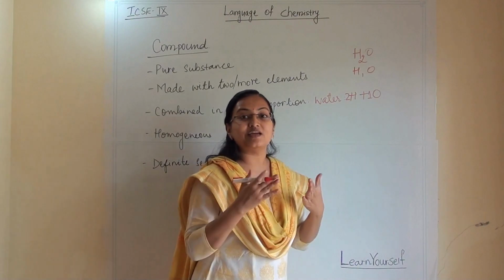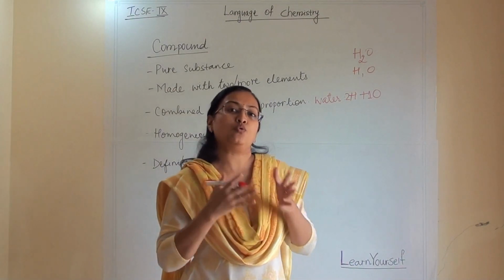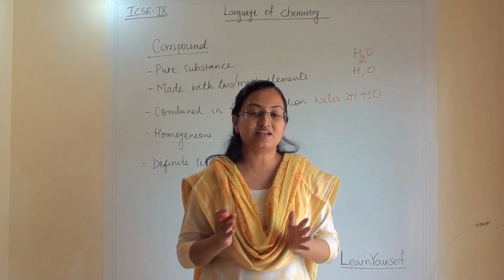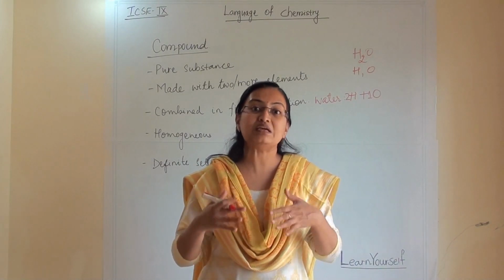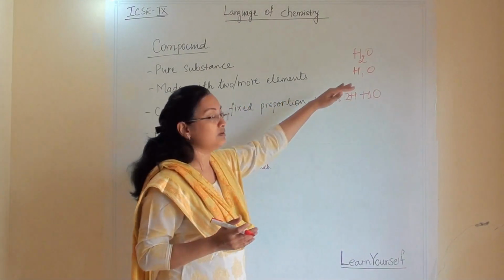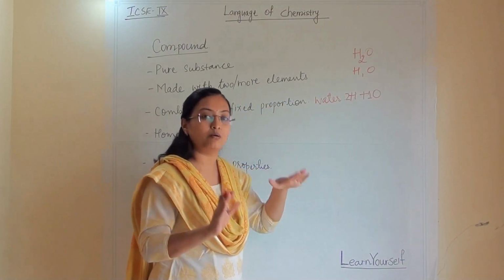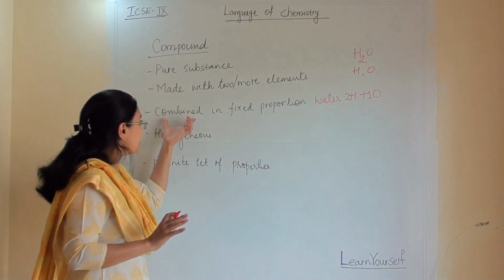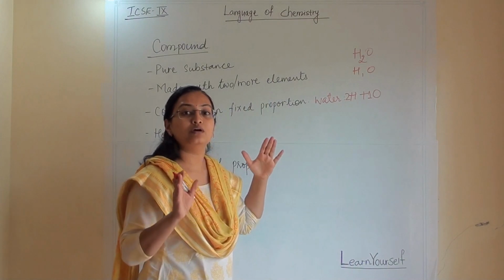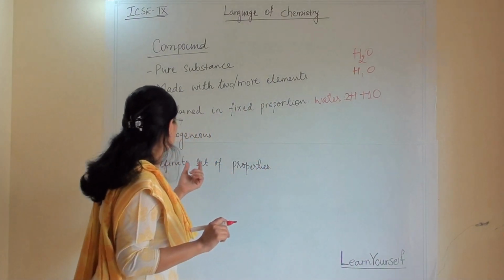If you write H2O2 or HO2, then that is not our water. That can be another compound. Maybe it exists, but that is not water. So if you are particularly talking about one specific compound, then it has to be combined in fixed proportion. All the compounds are in fixed proportion.